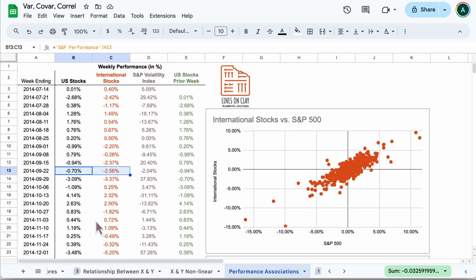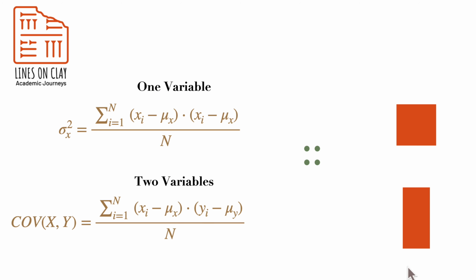You get the idea. But we have two variables, right? So in this particular week, when the U.S. stock market fell by 0.7%, the international stock market on that same week fell by 2.56%. Keep that in mind when I show you the formula in just a second. Great. Ordered pairs. Hope that you have them in mind.